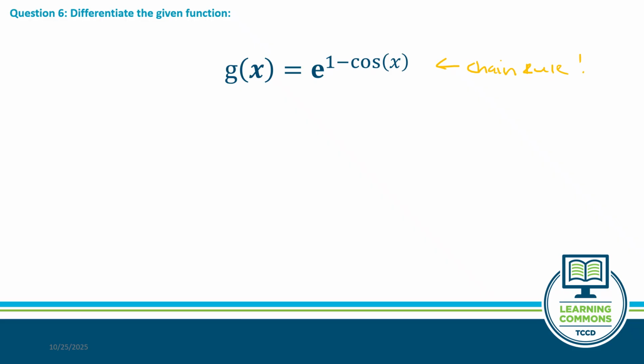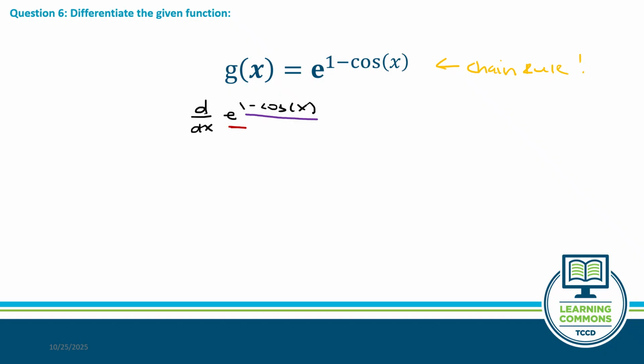So how this works is 1 minus cosine x. So this is your inside. This is your outside, essentially.